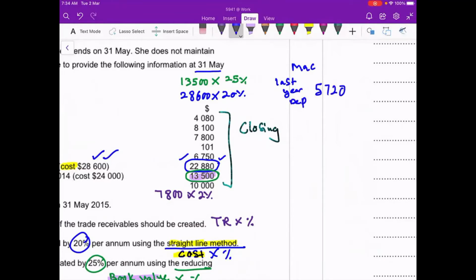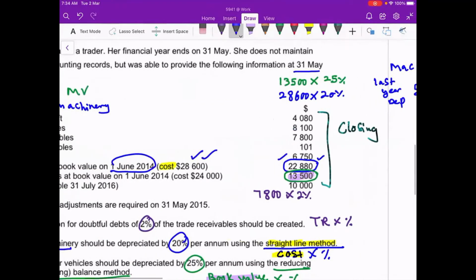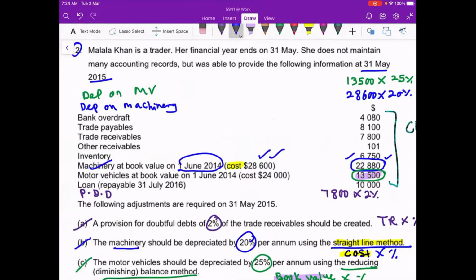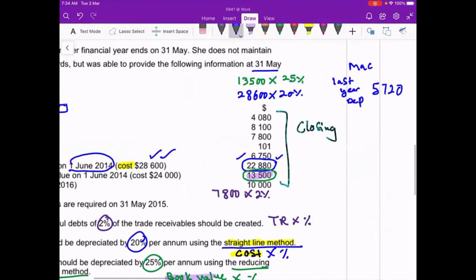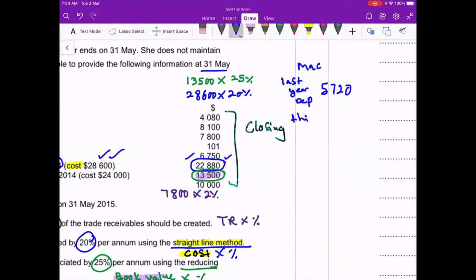And now we will calculate for this year. This year's depreciation is, we take 28,600 times 20%. We get another 5,720. So this year's depreciation is 5,720.